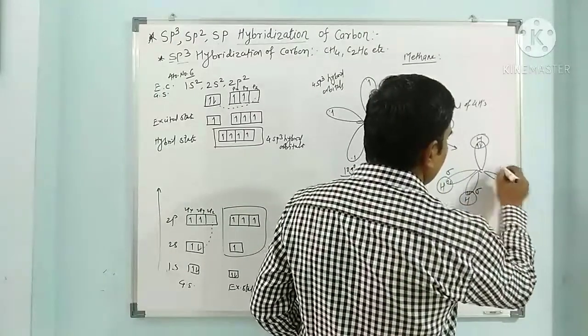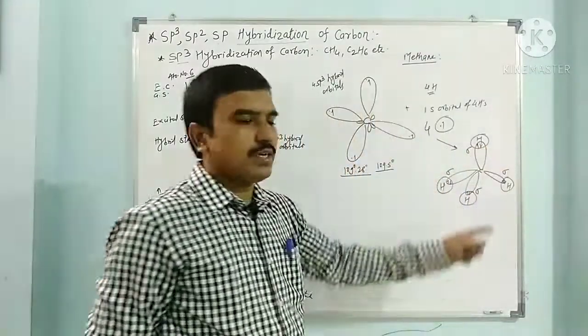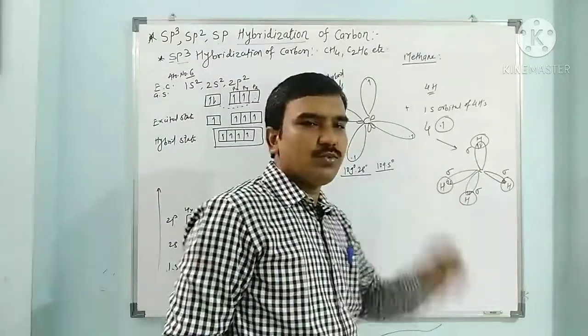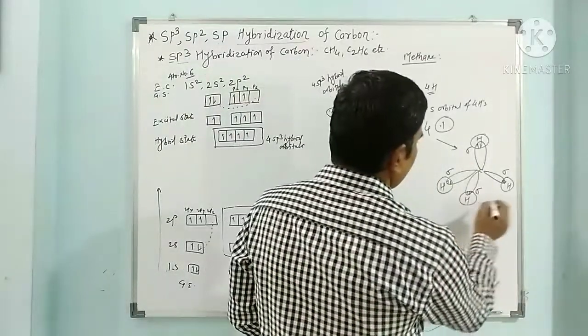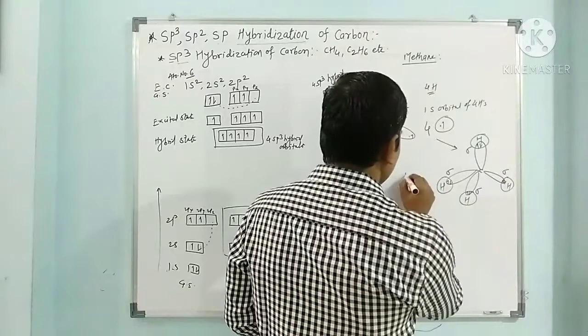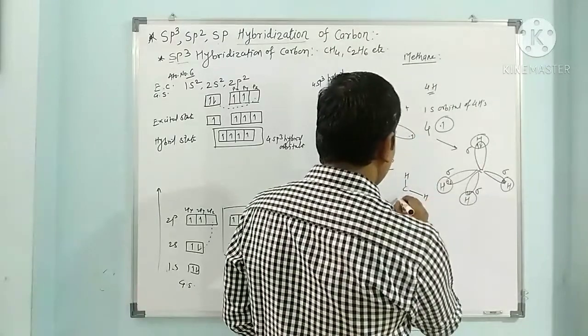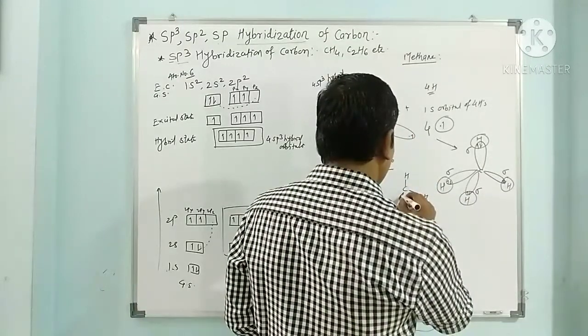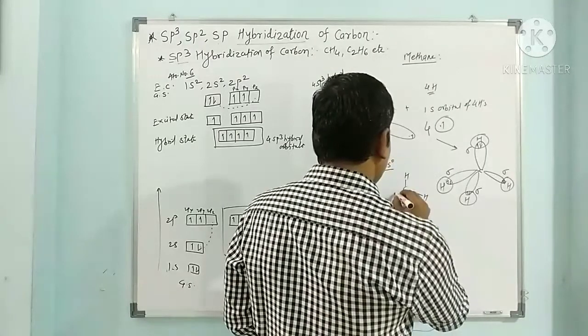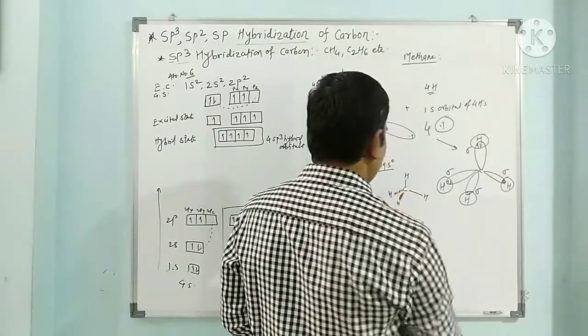This is a sigma bond, this is a sigma bond, this is a sigma bond, this is a sigma bond. So carbon makes 4 sigma bonds with 4 hydrogens, and we get the methane molecule, C, H, this H, this H, and this H goes behind.